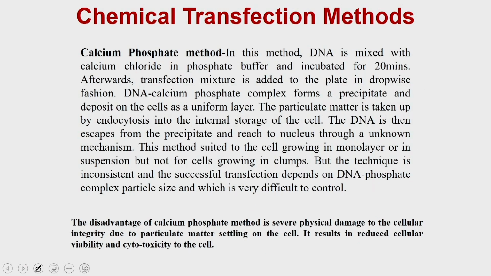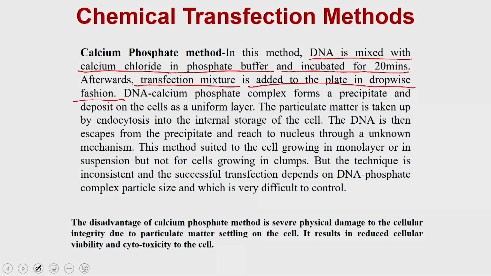So, the first method which people have discovered is called the calcium phosphate method. In the calcium phosphate method, DNA is mixed with calcium chloride in a phosphate buffer and you incubate this for 20 minutes. Afterwards, the transfection mixture is added to the plate in a drop wise fashion.